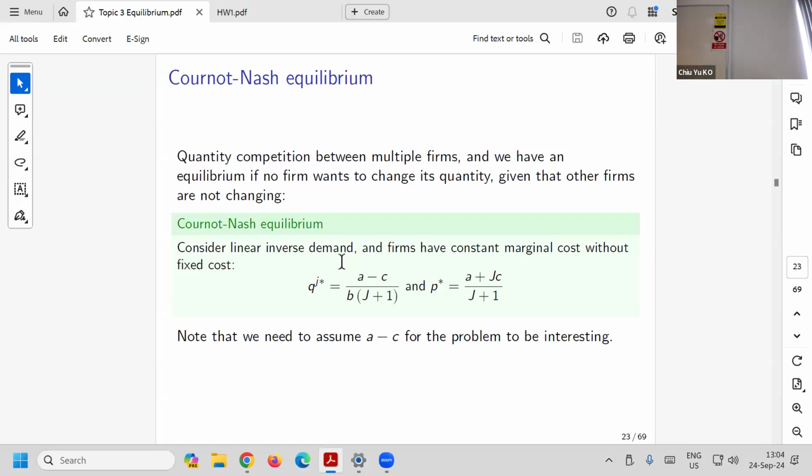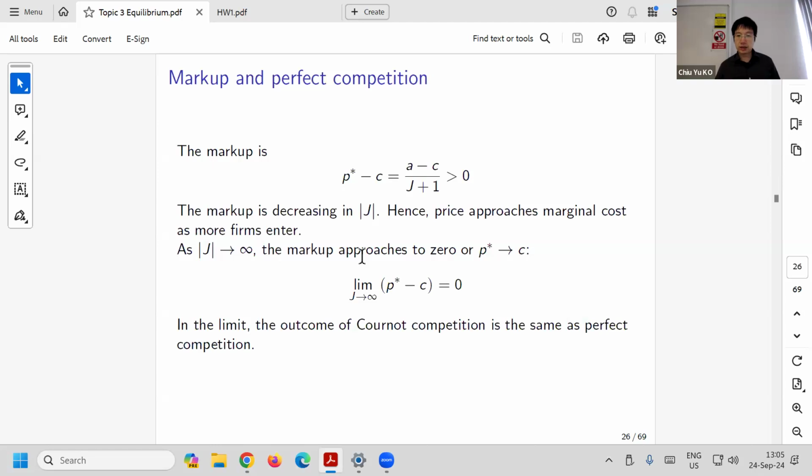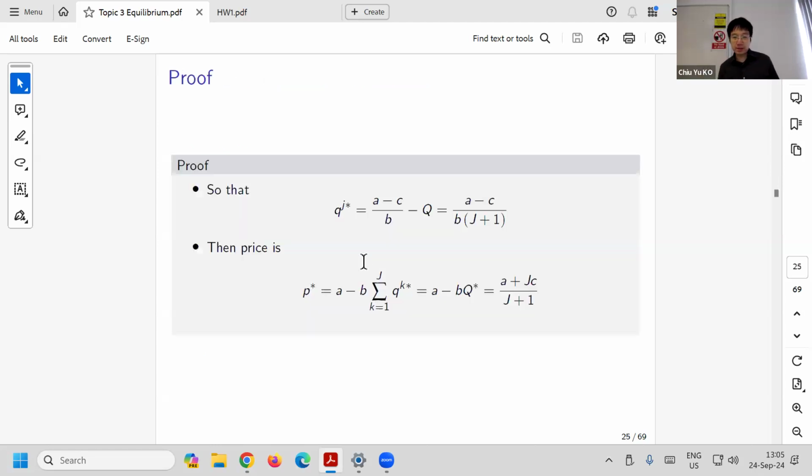Is P monotone in J, increasing in J or decreasing in J? Any clue? Did I write that down here? Yeah, I did. Maybe I'll talk about the proof later.